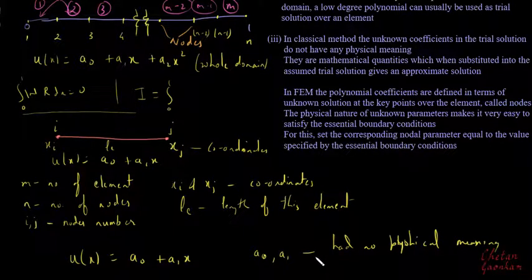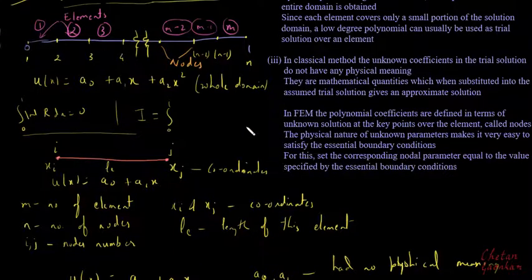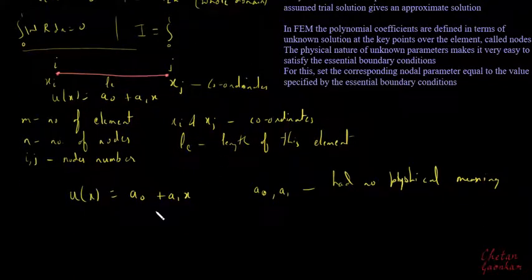They were just some mathematical unknown quantities, and upon finding the values of those unknown mathematical quantities, we were substituting them back in the admissible trial solution, and that was our solution over the entire domain.